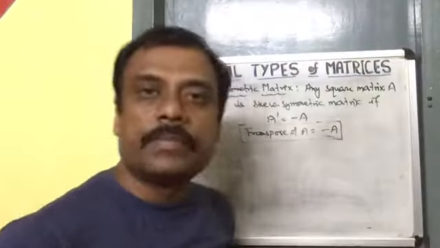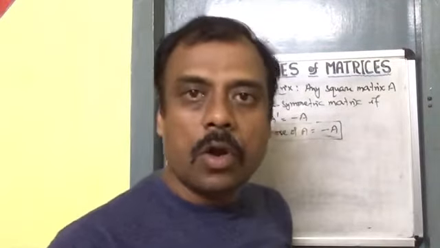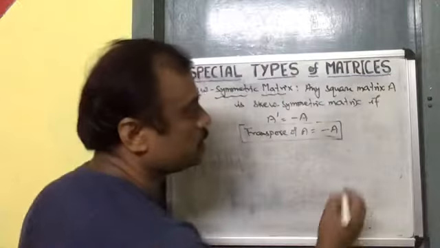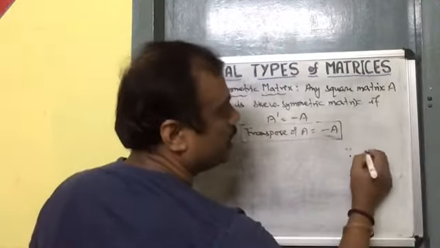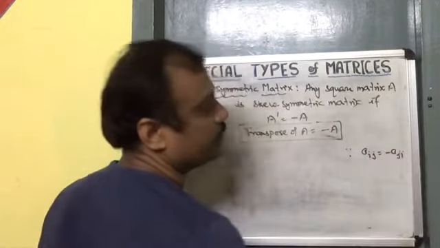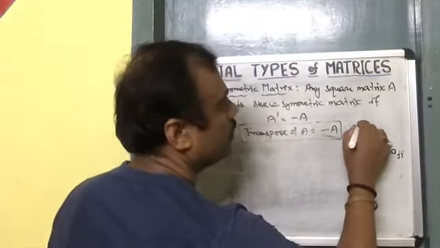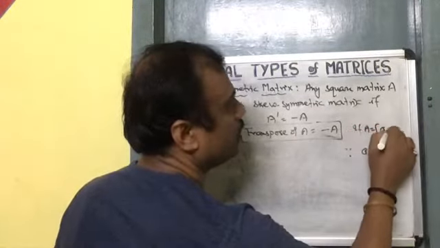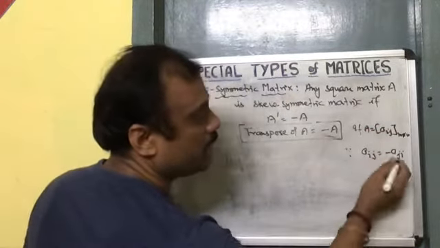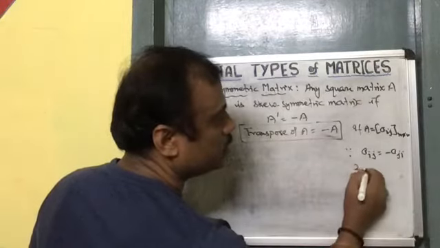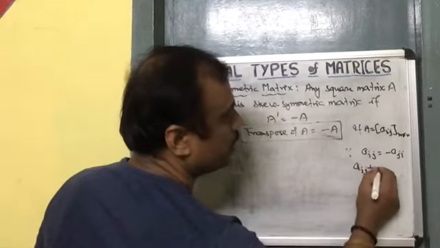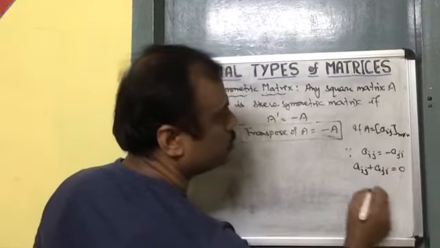In a skew symmetric matrix, all the elements on the main diagonal will be 0, because here the condition is Aij equals minus Aji. If A is an m cross m square matrix, and if we send this to the other side, it becomes 2 Aij equals 0.